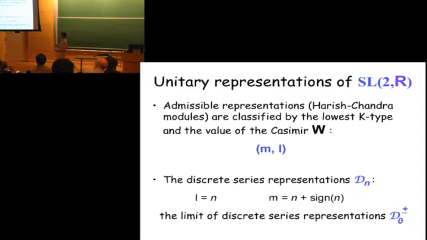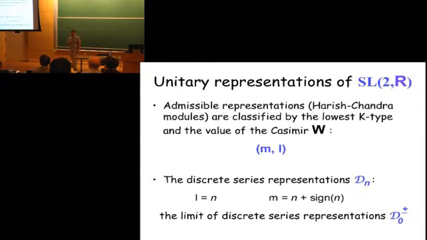The notion of lowest K-type is perhaps easier to explain by the example of a discrete series representation. These representations are labeled by an integer n, and they correspond to a specialization of this central character and K-type to the following values: lambda is essentially n, and mu is n plus the sign of n.